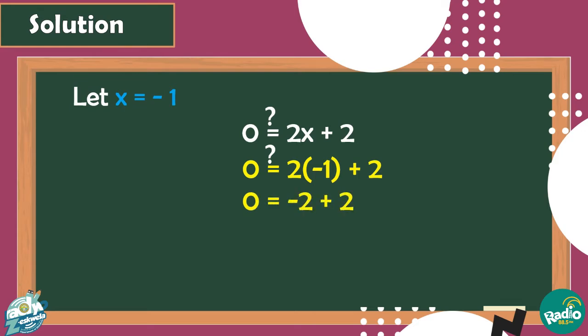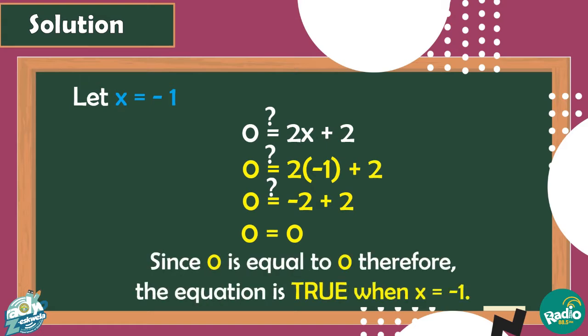By simplifying, the equation becomes 0 = -2 + 2. By operating, we get 0 = 0. Since 0 = 0, the equation is true when x = -1.